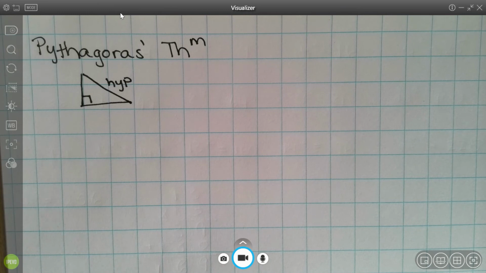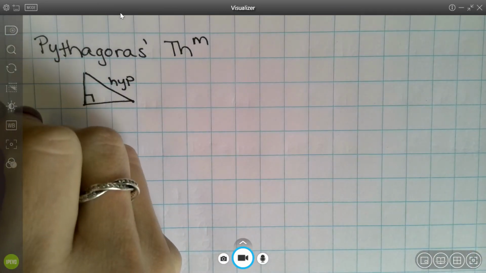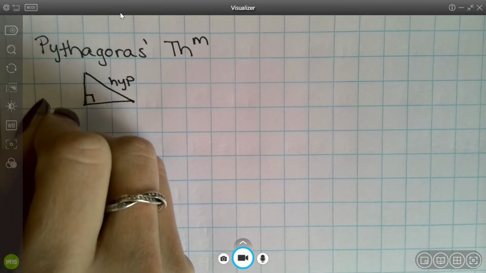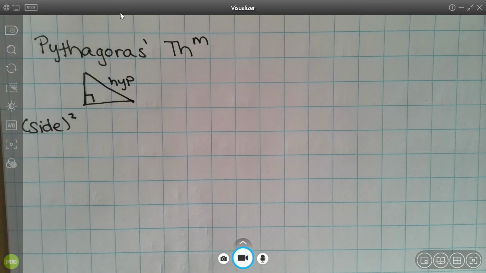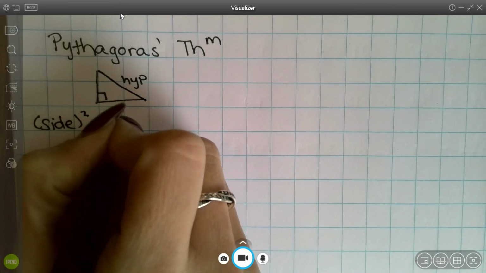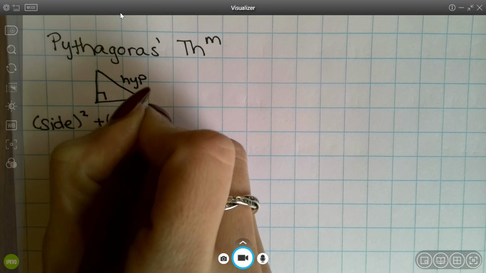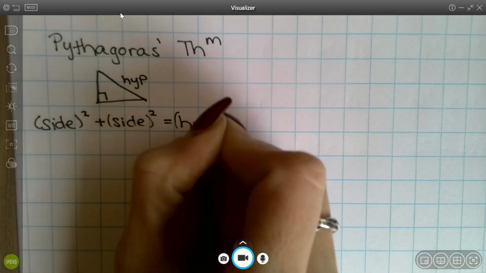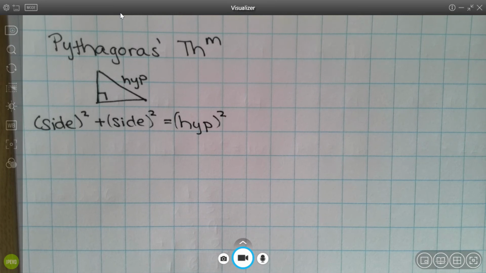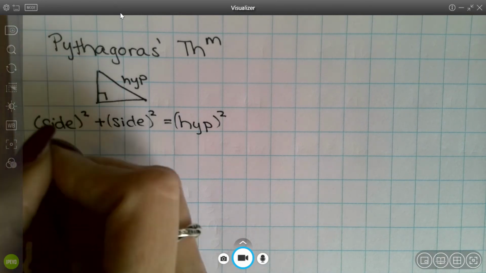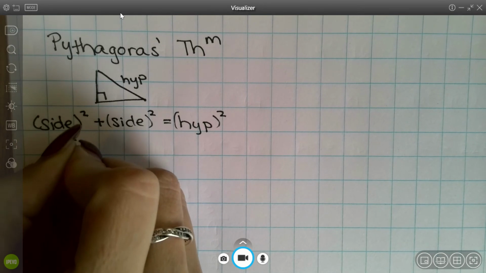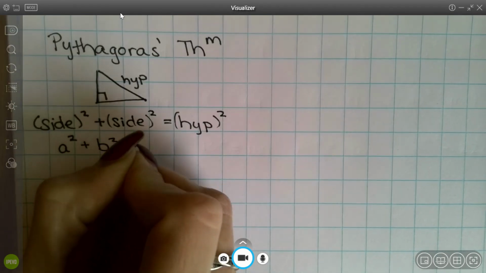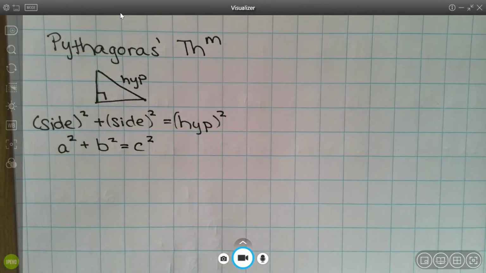Well, Pythagoras' theorem says that if you take one side and square it, and you add it to the square of the other side, you get the value of the hypotenuse when it's squared. So these would be my two sides. Now, oftentimes we use the letters A, B, and C, and you'll hear that a lot. A squared plus B squared equals C squared.